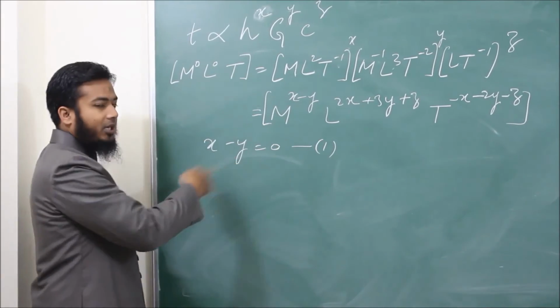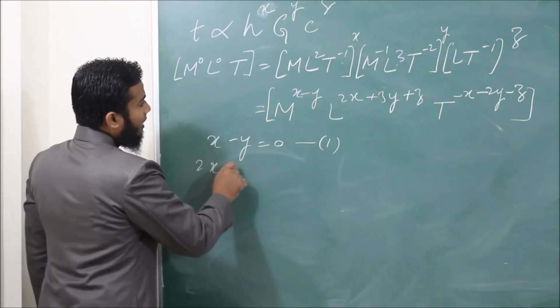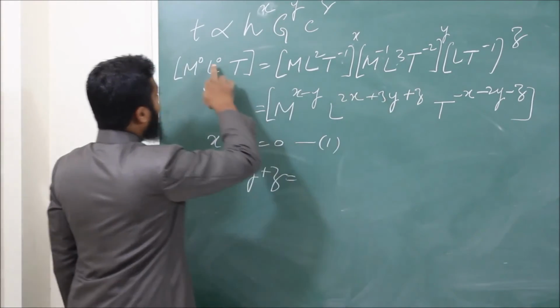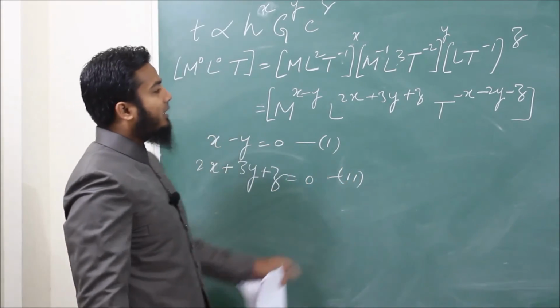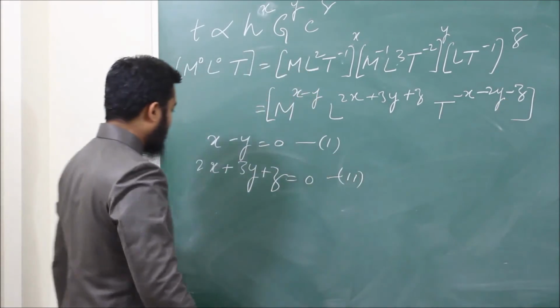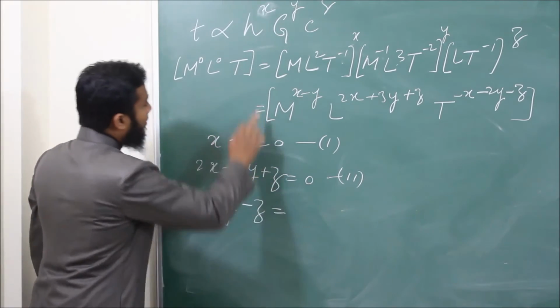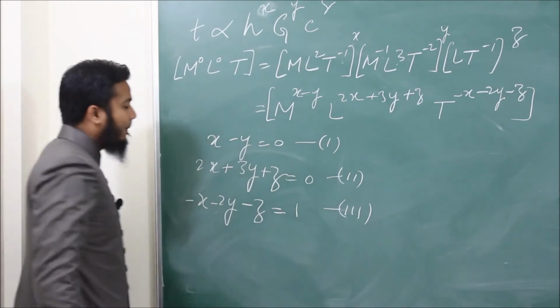You can see from here X and Y will be the same. Then 2X plus 3Y plus Z will again be 0, second equation. And then minus X minus 2Y minus Z will be equal to 1, the dimension of time on the left hand side.